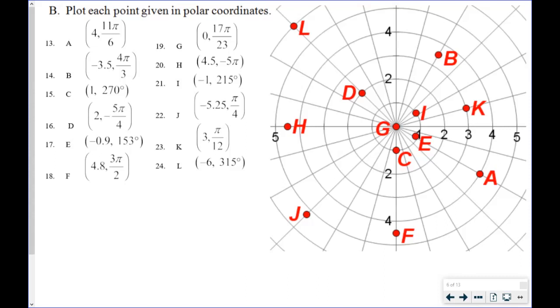Any outstanding questions? People in class, people on Zoom, how we doing? It's just a different way of shifting your mathematical thinking. Yeah, like I said, love-hate relationship with polar. I'm learning to love polar.